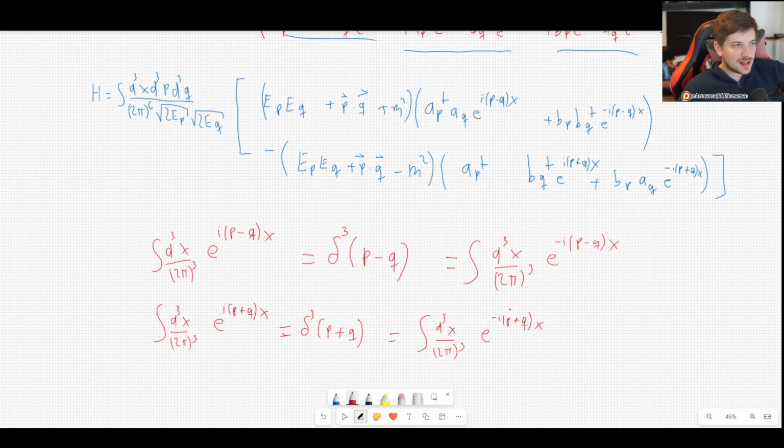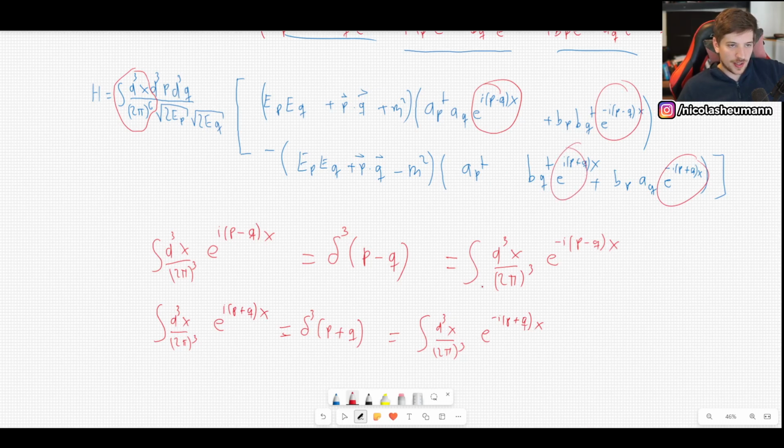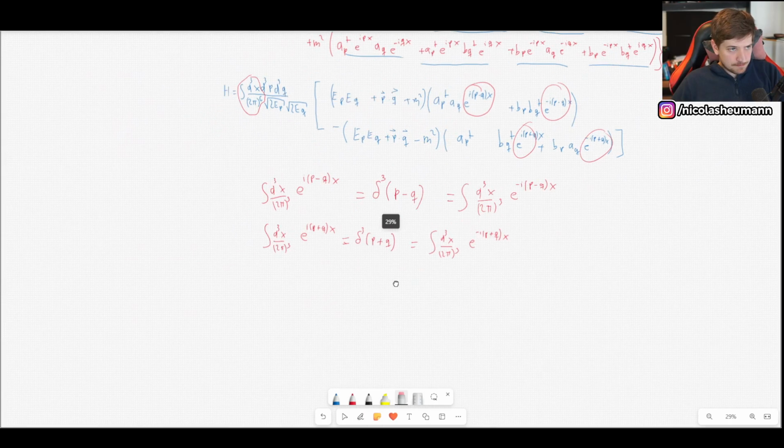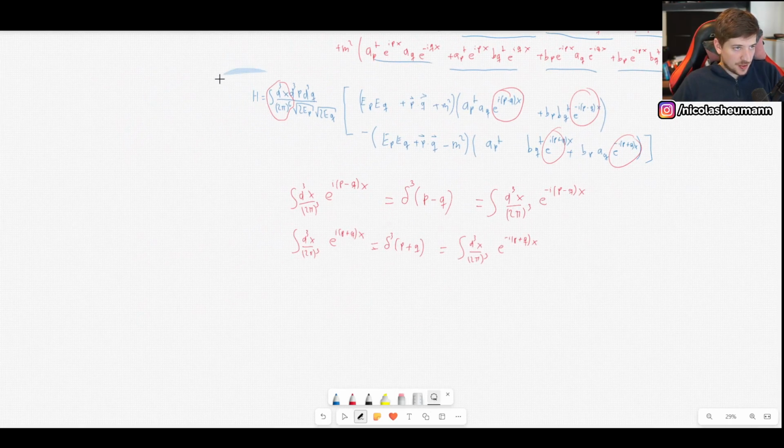So what I'm saying here is that we are going to take this part, well, only with one of these 2 pi cubes. So we are going to have a 2 pi cubed remaining. And we are going to use these things. So this will go away, this will go away, this will go away, and this will go away. And they will be replaced by something else. So let me copy paste because I don't feel like writing all of this again.